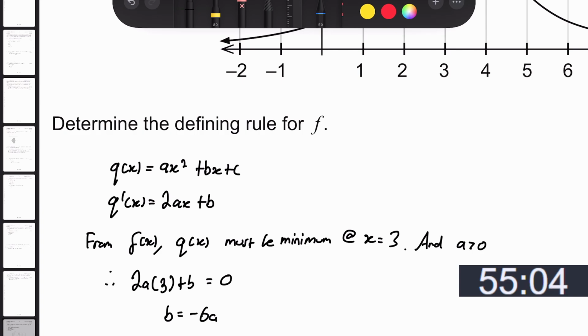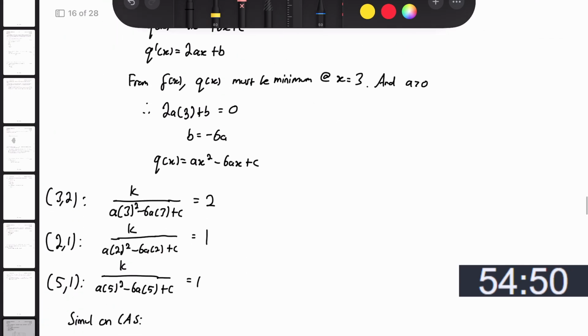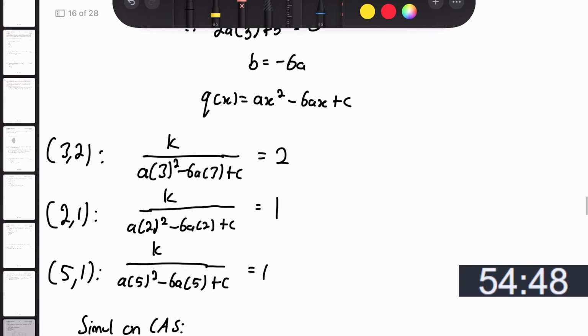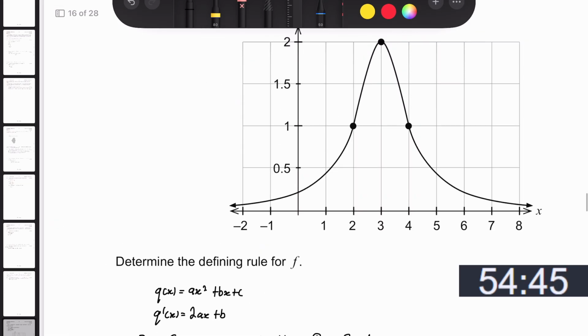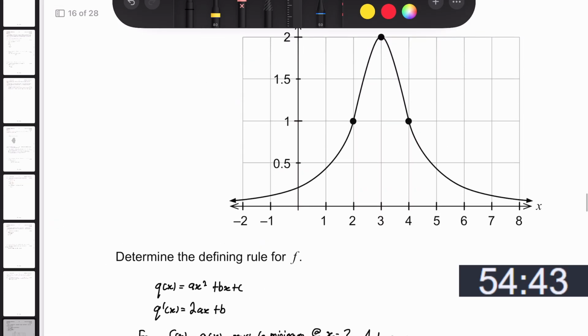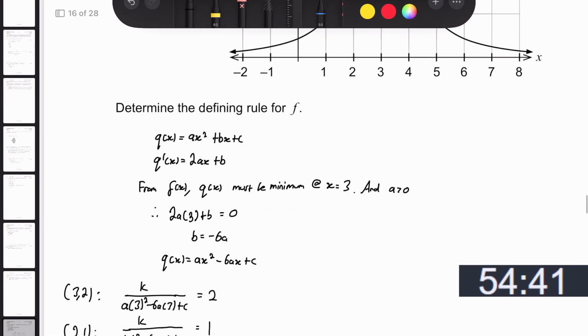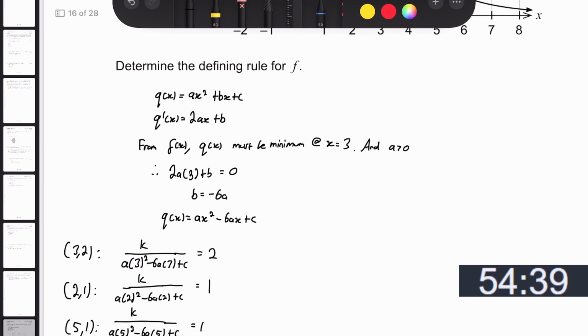So then deriving that, 2ax plus b. Just a bit confused why I'm getting 0 solutions.